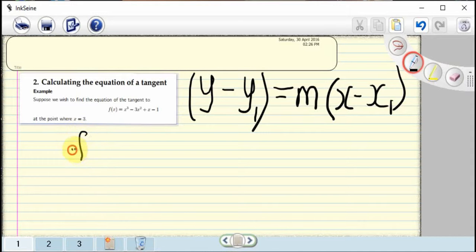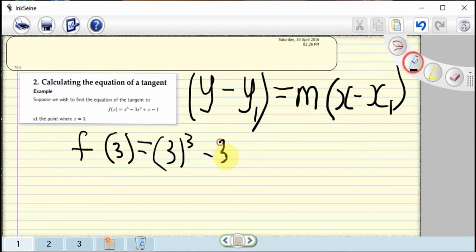When x equals 3, f of 3 is going to be equal to 3 cubed minus 3 times 3 squared plus 3 minus 1.